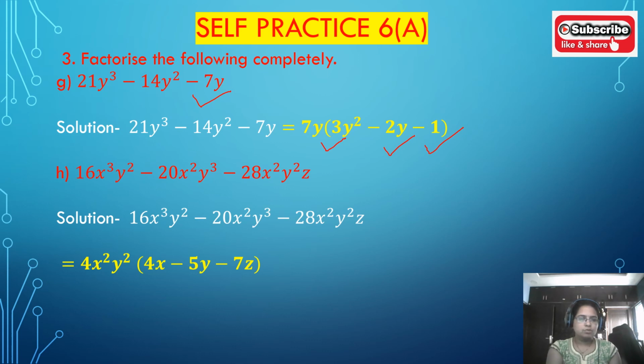So 16x cube y square minus 20x square y cube minus 28x square y square z. In this expression, the common factor is 4x square y square.